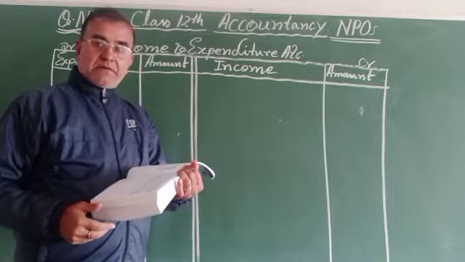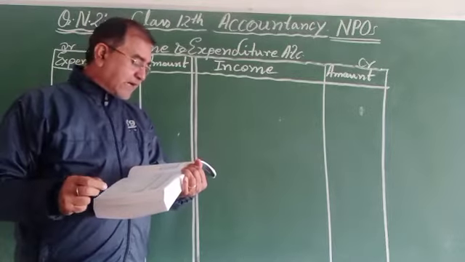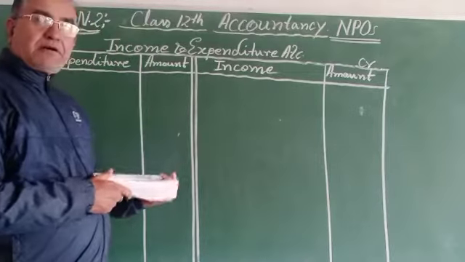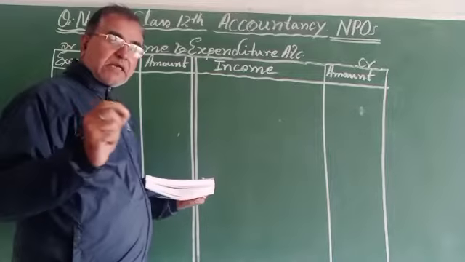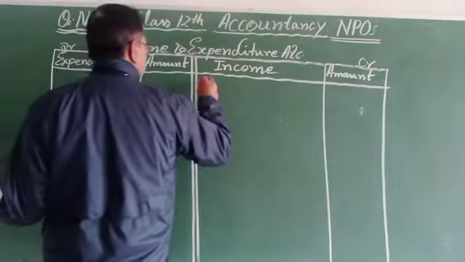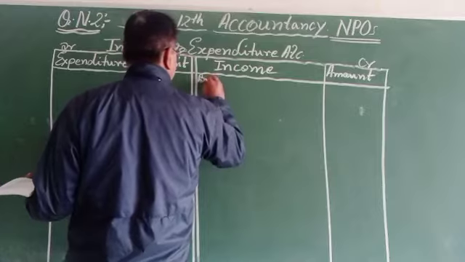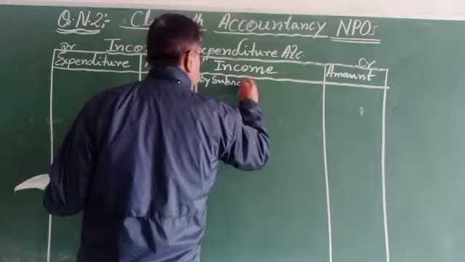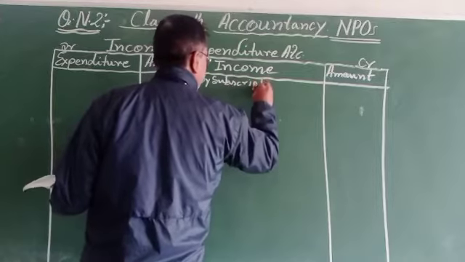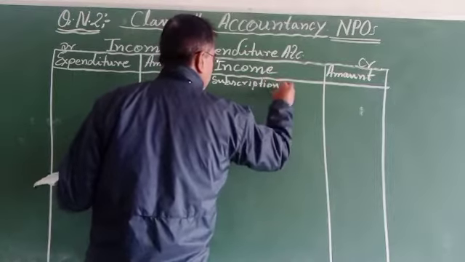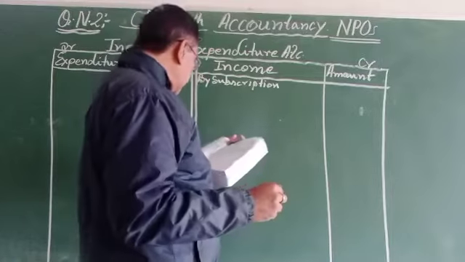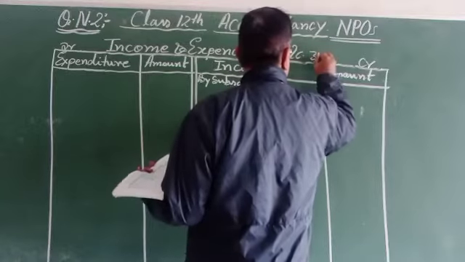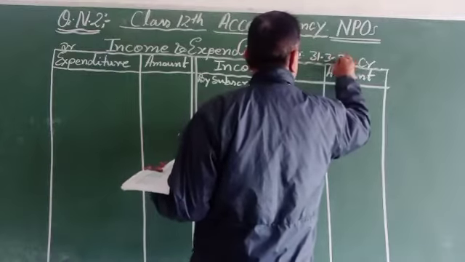Locker rent, entrance fee, subscription. First we have to record the subscription in the income column, by subscription. Now see, we are preparing the income and expenditure account for 31st March 2021.